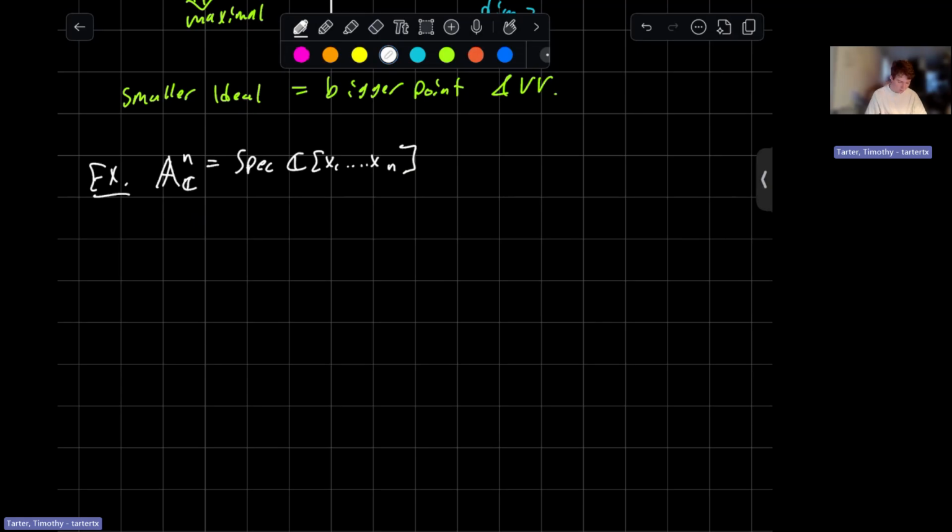So all of the maximal ideals, these are kind of the most fruitful things to write out, are ideals generated by x1 minus a1, x2 minus a2, xn minus an.